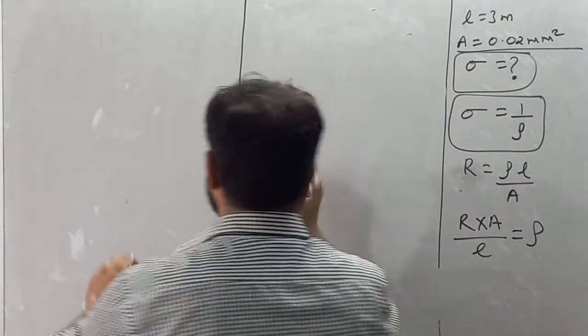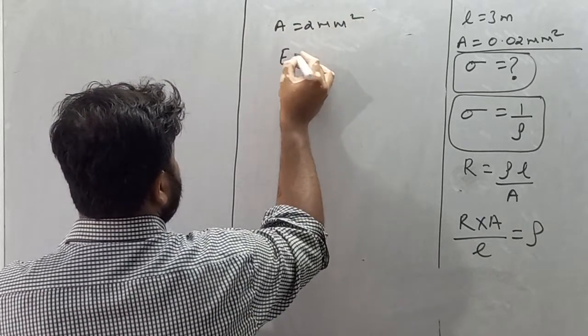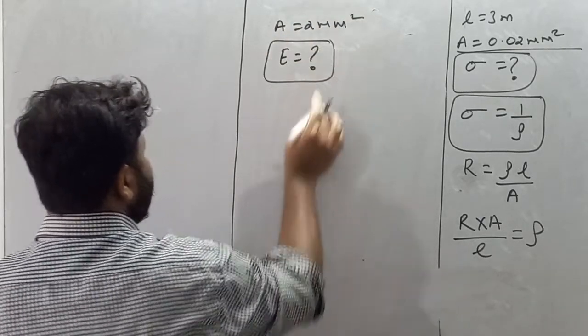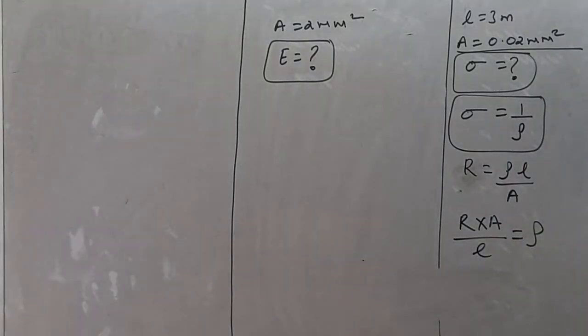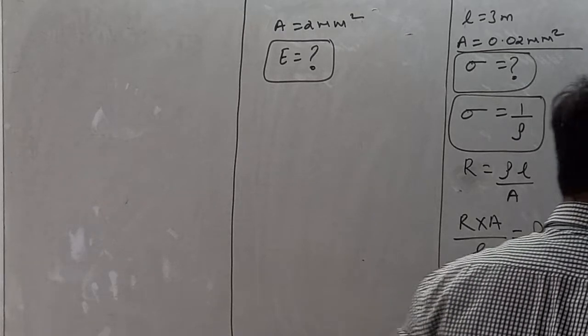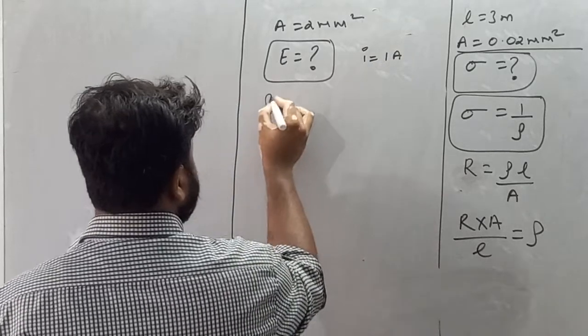They have to find the value of the electric field in a copper wire of cross sectional area 2 mm square carrying a current of 1 ampere.